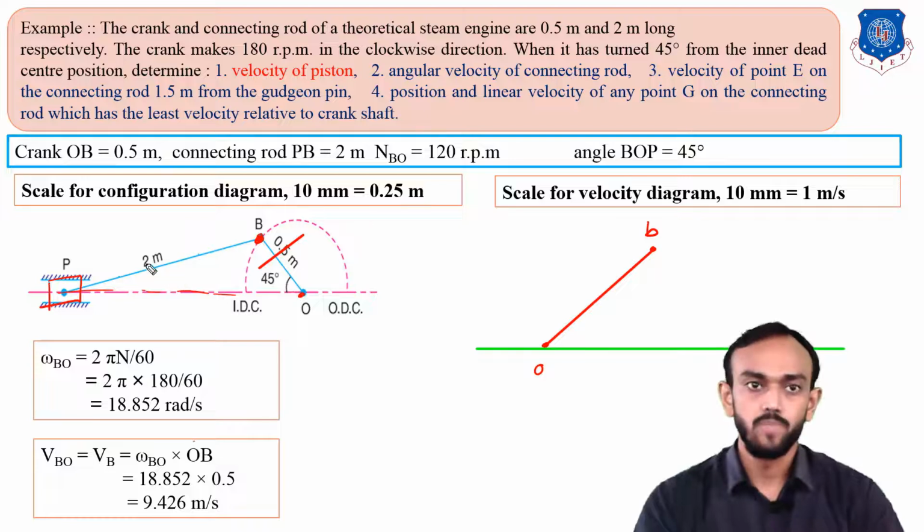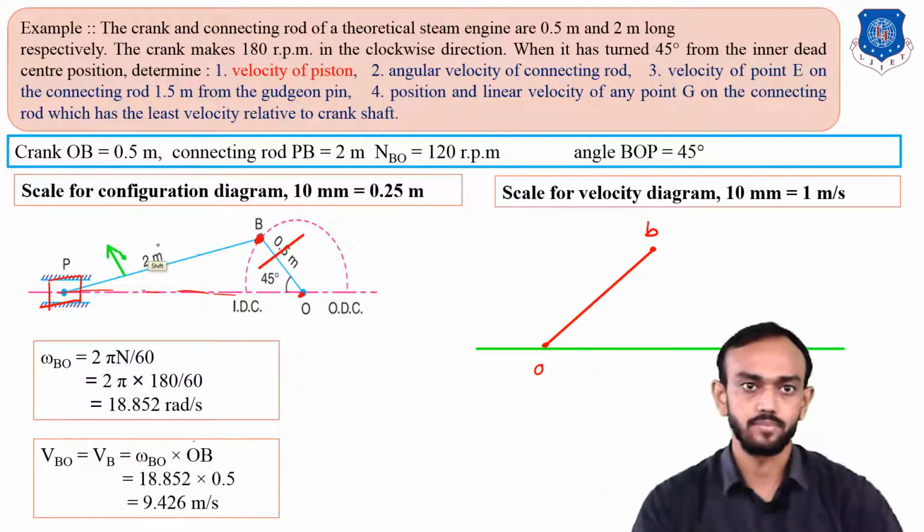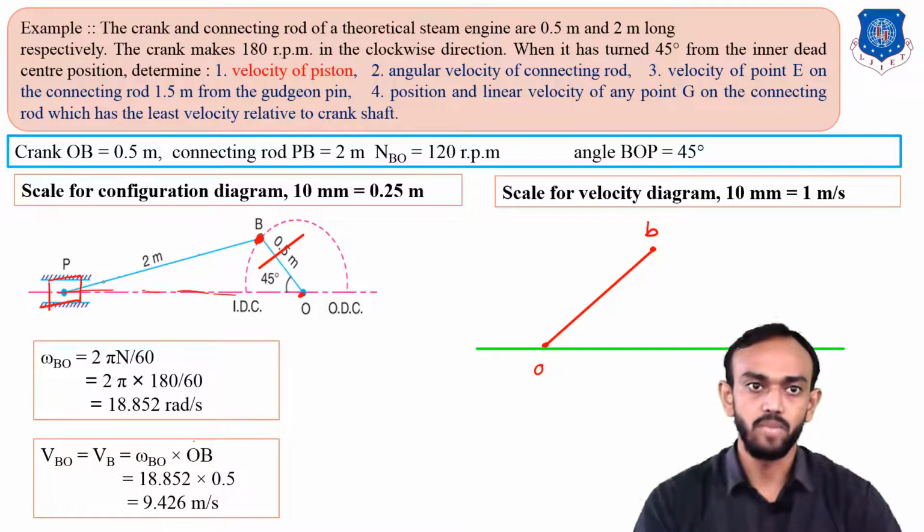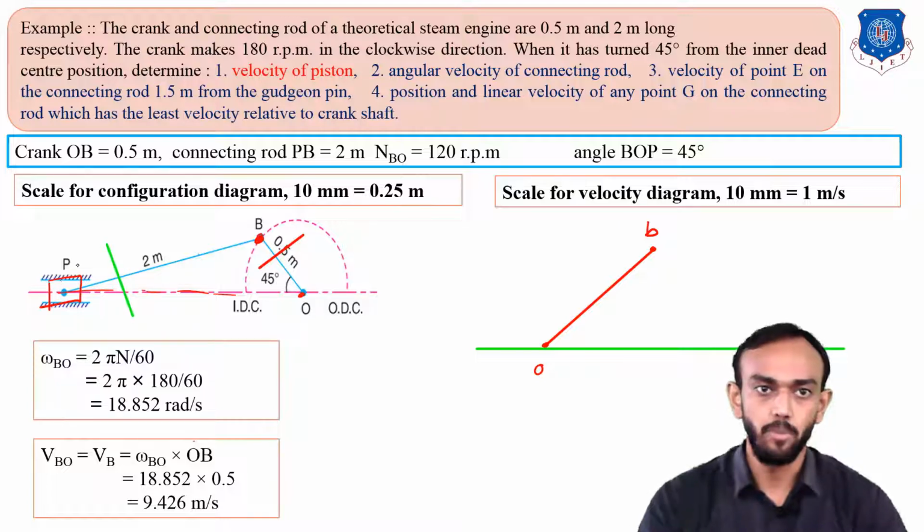So perpendicular to this link, in this direction, the velocity of P with respect to B can be in this above direction also, like here, and it can also be in this direction. So I have to draw this perpendicular here, perpendicular to this link, as the velocity of P with respect to B.